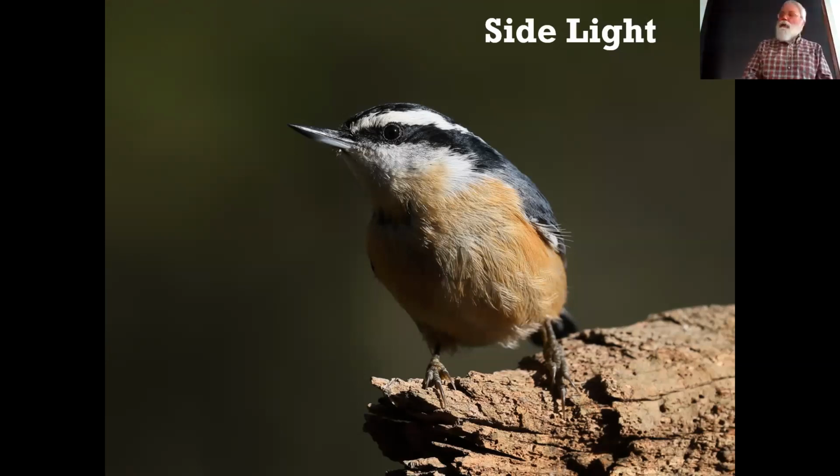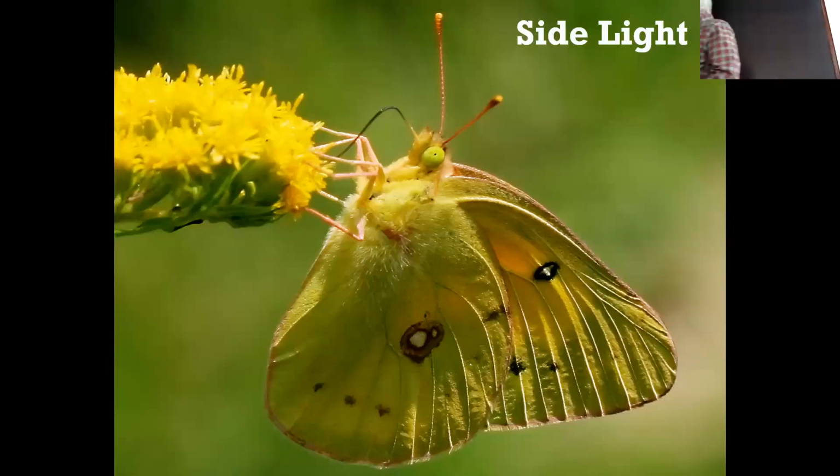A softer light from the side can really emphasize the three-dimensionality of something, like if you picture a ball or something round with one side better lit than the other, and the transition across the front. Side light can also emphasize texture really well, like the veins in the butterfly's wing, because it's lighting it up just from the edge, and it lights up the things that stick out and the things that don't go into the shade.